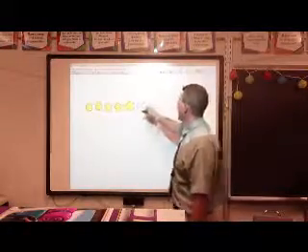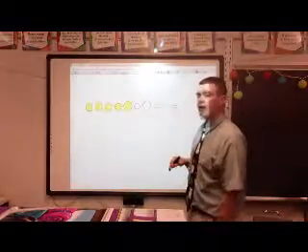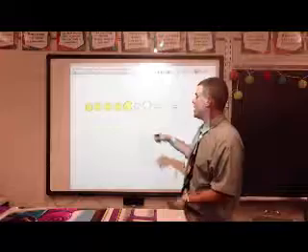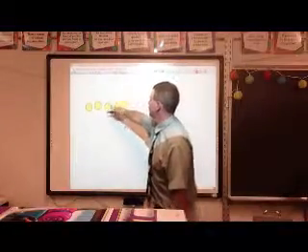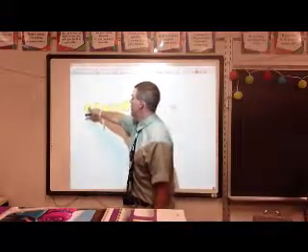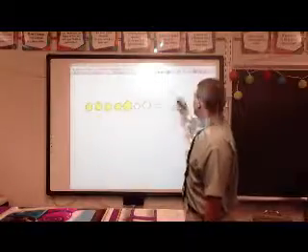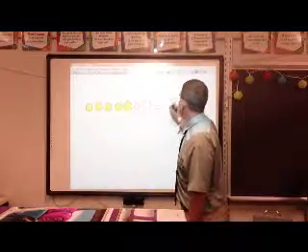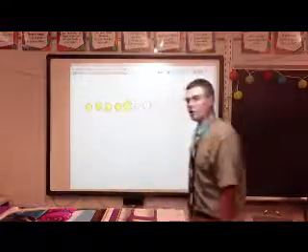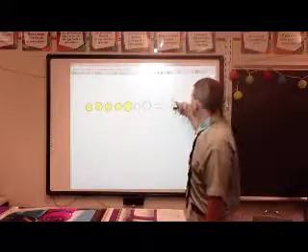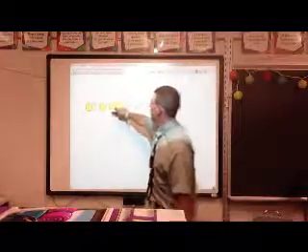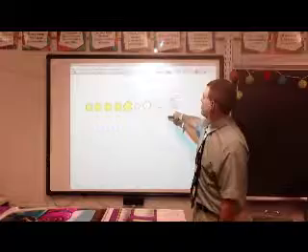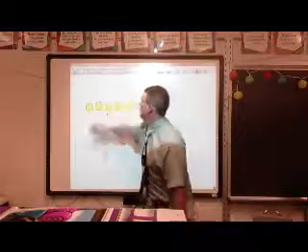That's how many parts I have in the entire set. Now let's take a look at how many circles I have shaded in. 1, 2, 3, 4, 5. That means I have 5 out of 7 circles shaded in. That's my numerator. Tells me how many parts I have. My denominator tells me how many parts make up the entire set.